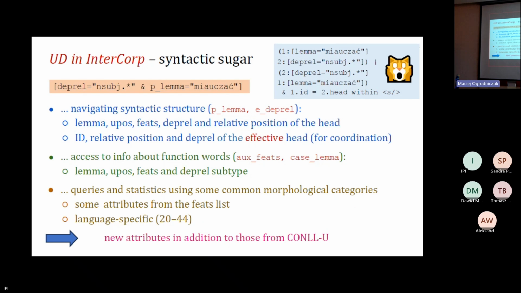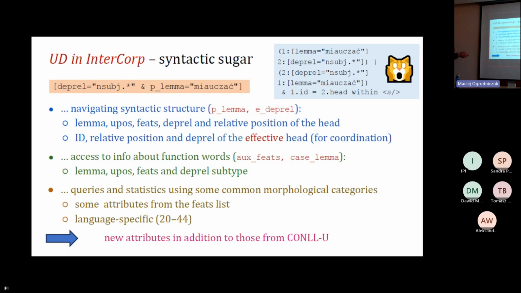So, for example, if you would like to search for a subject that's headed by this infinitive, by this lemma, what you would have to do is search for two versions, preceding or following one or each other.